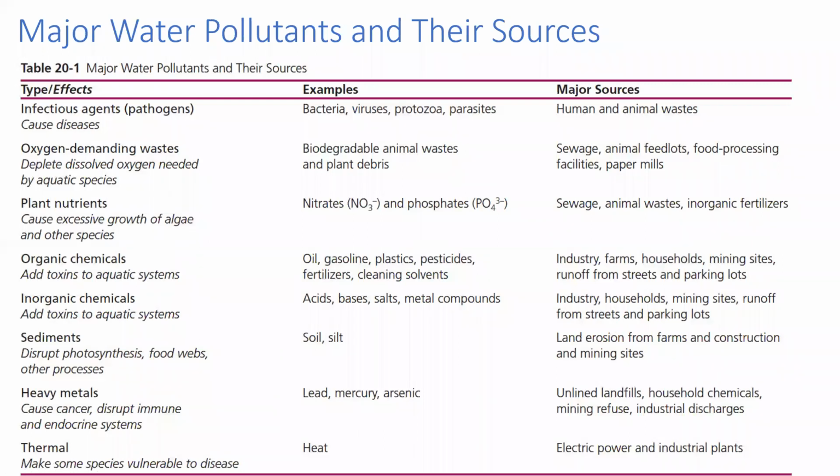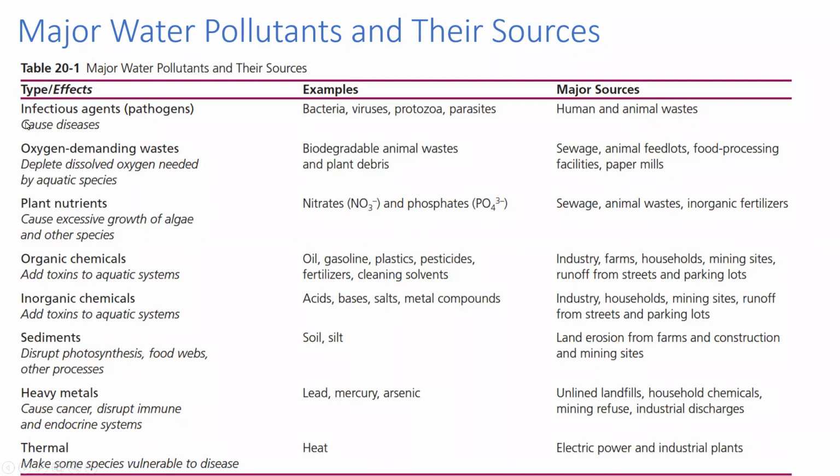So we see what the different pollutants are and what the different sources are. You can connect whatever problem is there to the activities that we do on a daily basis.